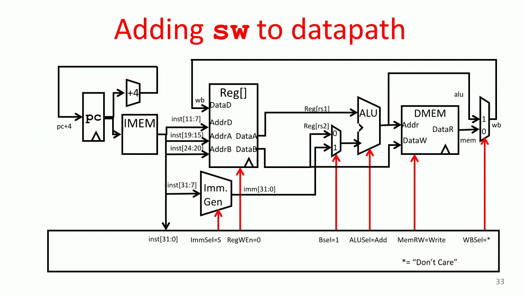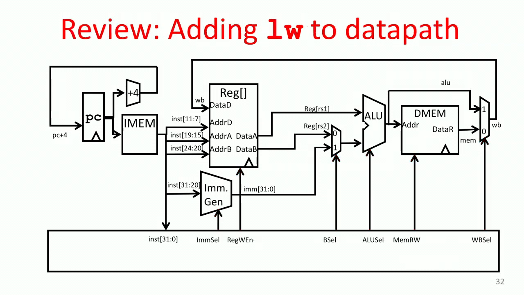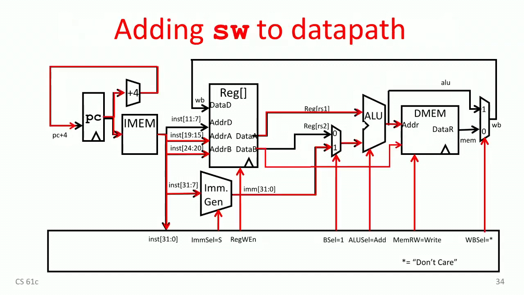And I think that's the only change. Oh, we've added the write enable signal to the data memory. So on this instruction, we're actually going to change the value of the data memory. In fact, it's the only instruction I think that changes the value of the data memory. Let me check. Yes, that's it. Okay.